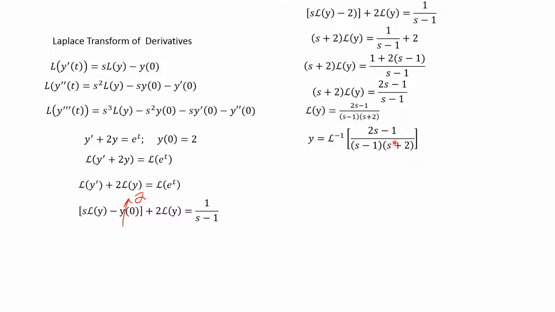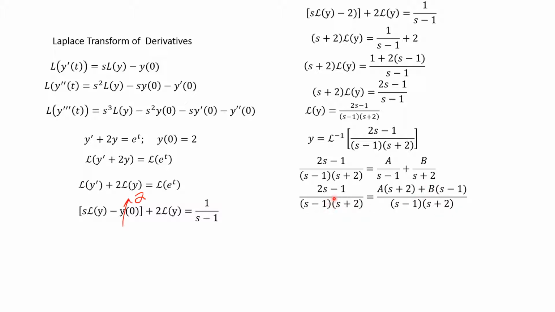Now remember, you will have to break this into partial fractions. The denominators are both linear, so the numerators of the partial fractions must be constants. So 2s minus 1 over s minus 1 times s plus 2 is A over s minus 1 plus B over s plus 2.